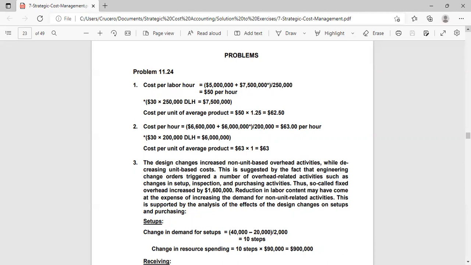On average, the labor content per unit of product dropped from 1.25 hours per unit to 1 hour per unit. Fixed overhead, however, increased from 5 million to 6 million per year.